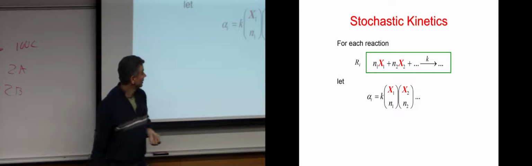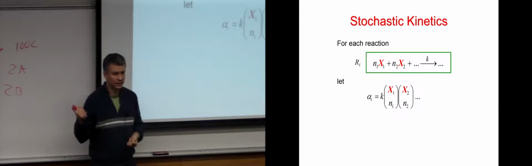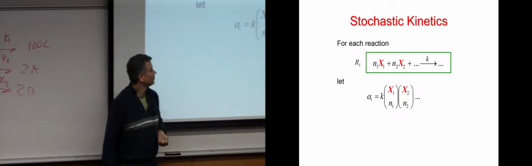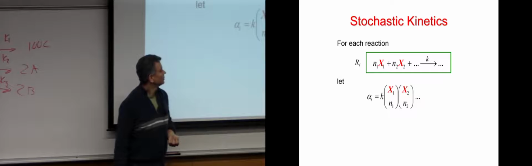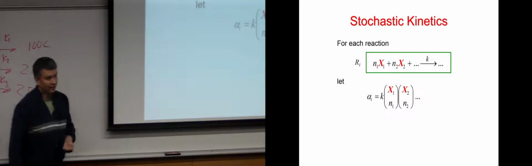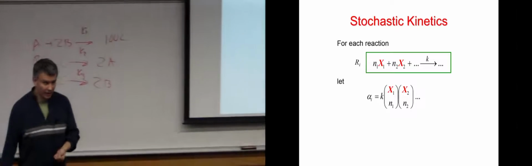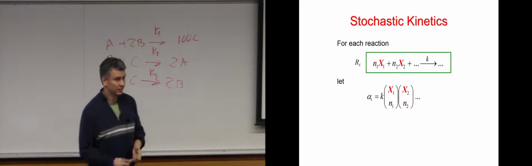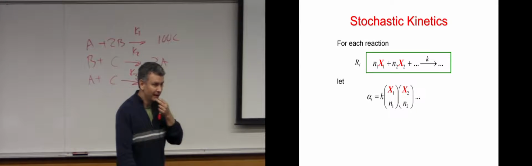Everybody knows what X1 choose N1 is. I went through it in class: it's the binomial coefficient, the number of ways of choosing N1 molecules out of X1. Okay, so that's alpha I. What's going to be the probability of reaction I?